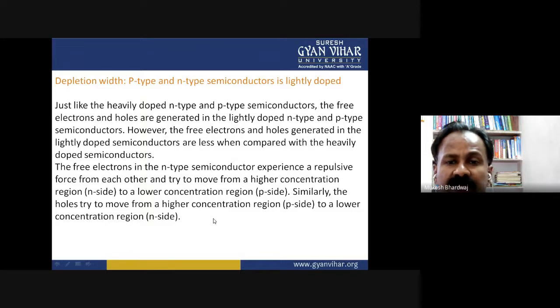However, the free electrons and holes generated in lightly doped semiconductor are less when compared with heavily doped semiconductors. The free electrons in the N-type semiconductor experience repulsion from each other and try to move from higher concentration to the lower concentration region. Similarly, holes try to move from higher concentration to lower concentration.